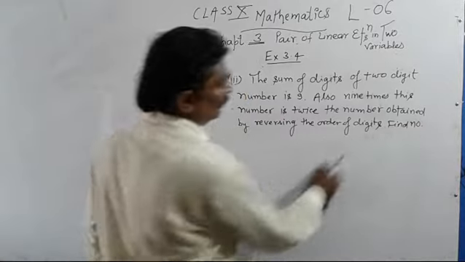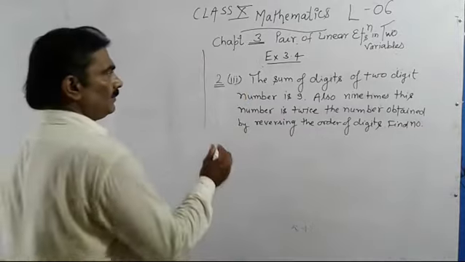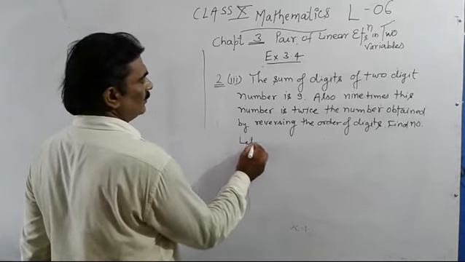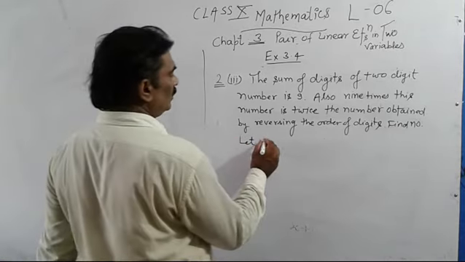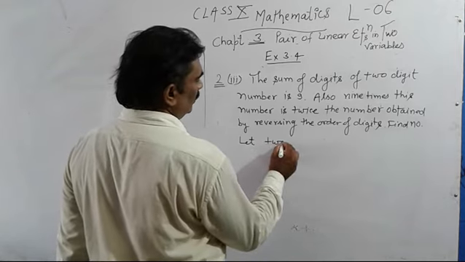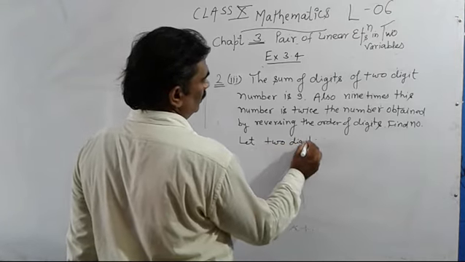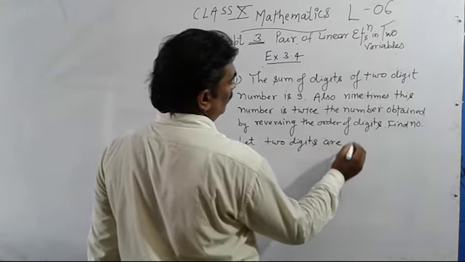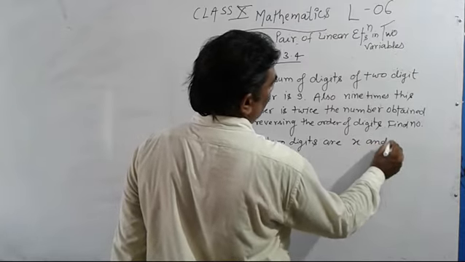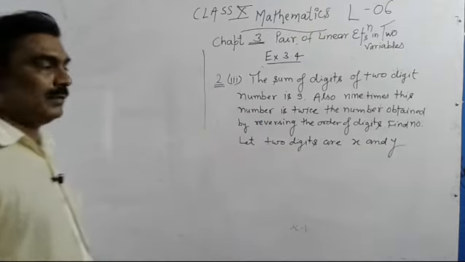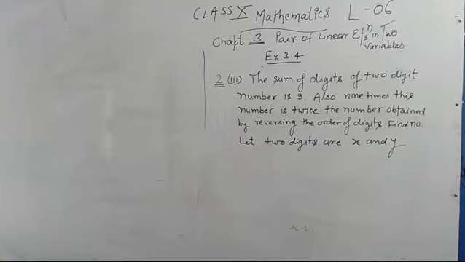So here to find a number, first of all let the 2 digits be x and y. Let there be 2 digits x and y.